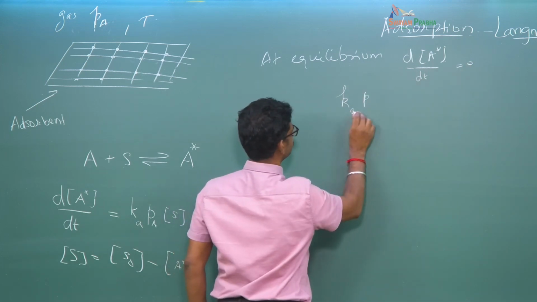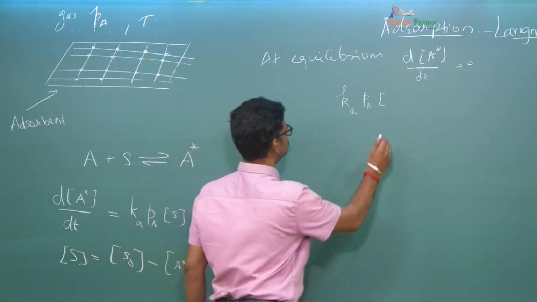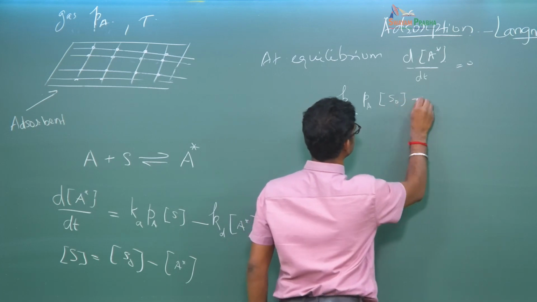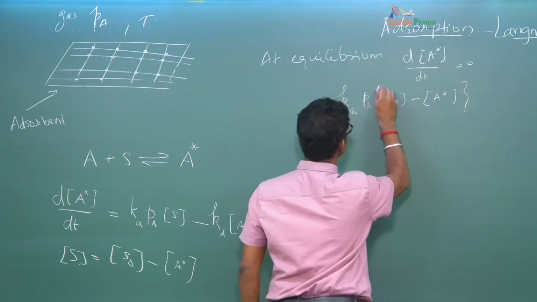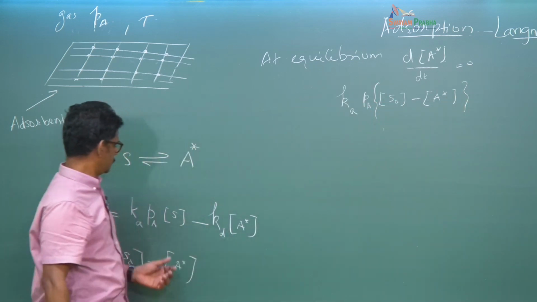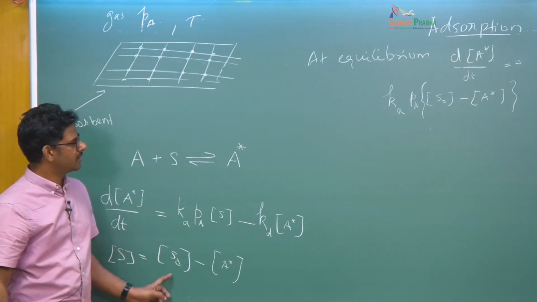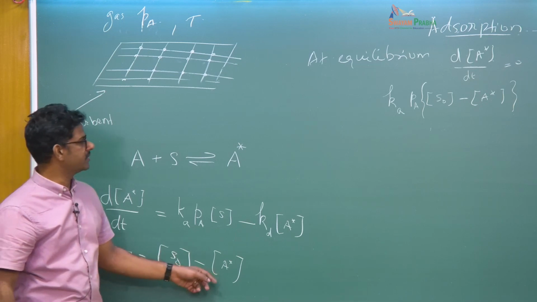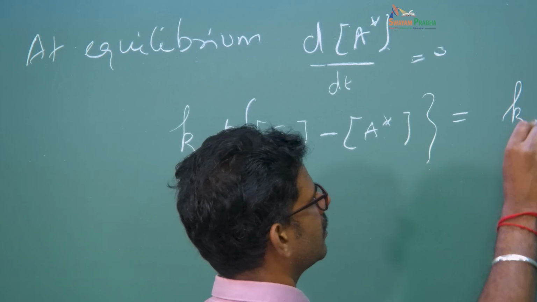Ka Pa times S, and I'm equating this to Kd times A star. This S is now written as the total number of sites minus the concentration of adsorbed ones, and that should be equal to Kd A star.